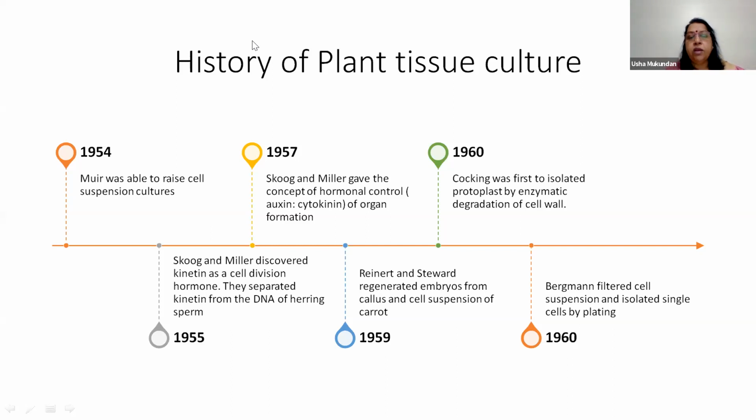So by using a combination of these cell wall degrading enzymes, you could get naked plant cells. And if you recall, later on, these naked plant cells are a very good model system, a very good tool for direct DNA uptake. So Cochrane was the one in 1960 who isolated a protoplast by enzymatic degradation of cell wall.